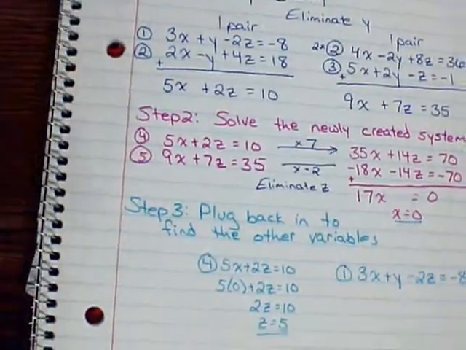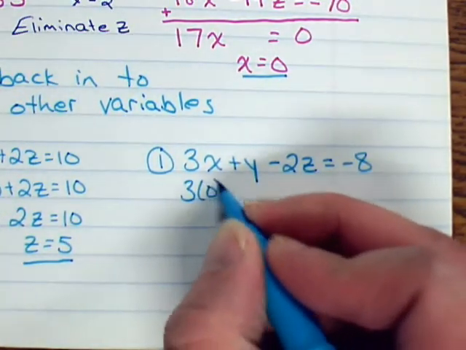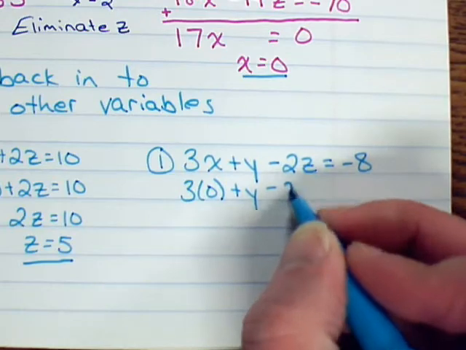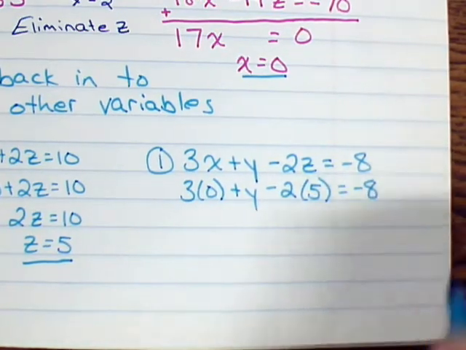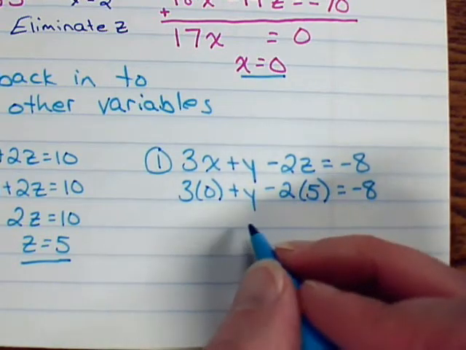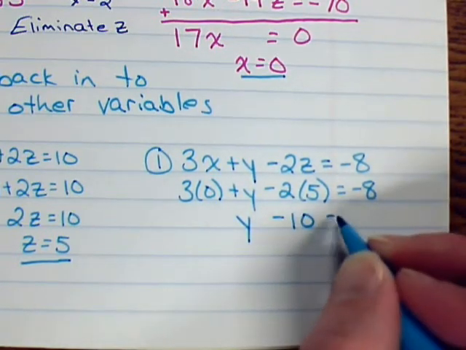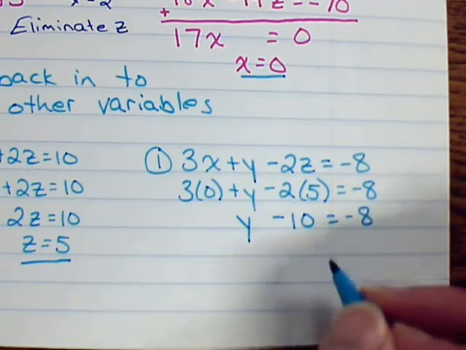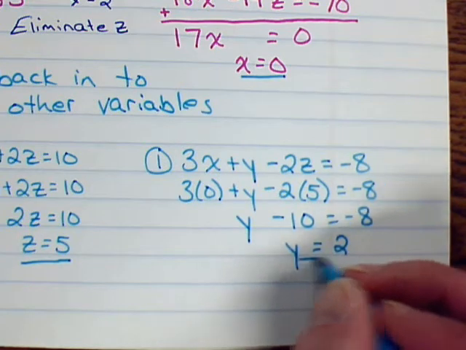Let's plug in everything we know, and I'm going to bring the camera down for this. We know x is 0. We know z is 5. 3 times 0 is 0, so y, and I get negative 10 equals negative 8. Add 10 to both sides, so y equals 2.